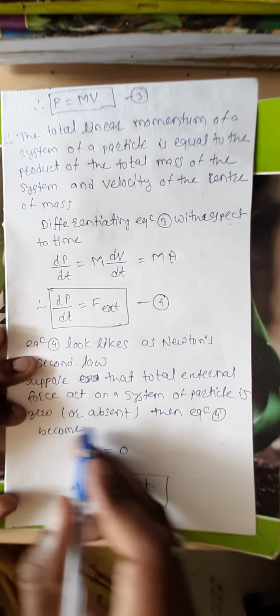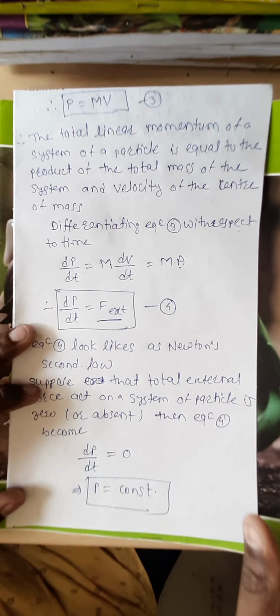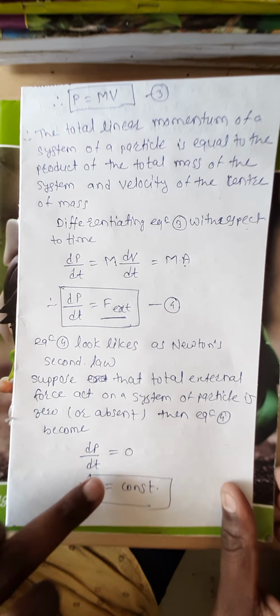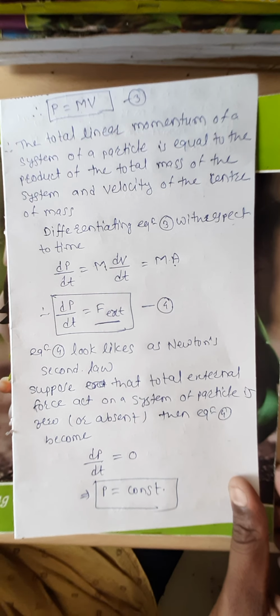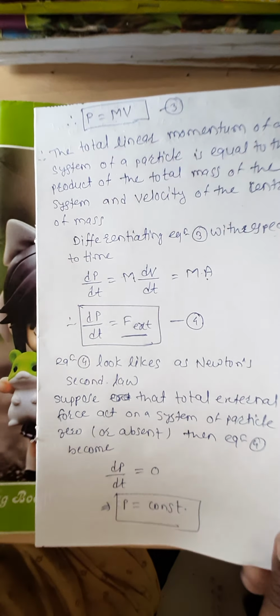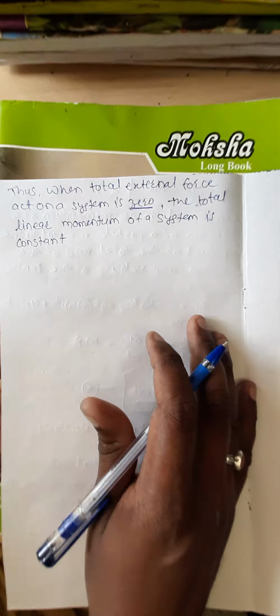When the external force is 0, that is dp by dt is 0, then p is constant. When the total external force acting on the system of particles is 0, then p is constant, meaning the linear momentum of the system is constant.